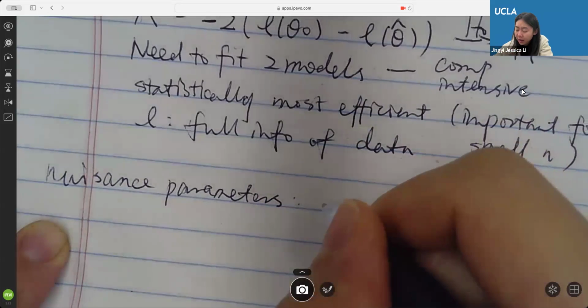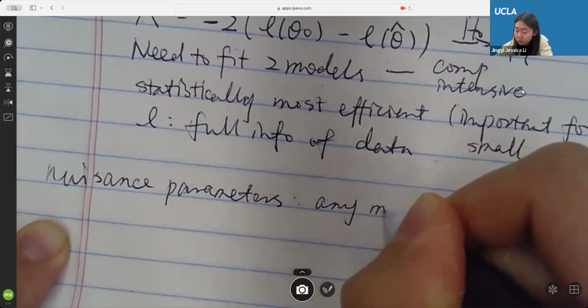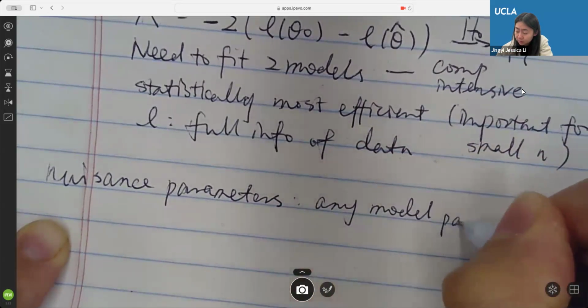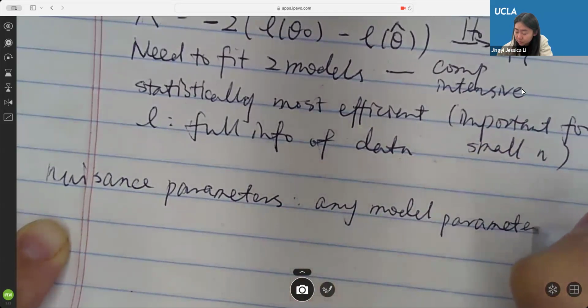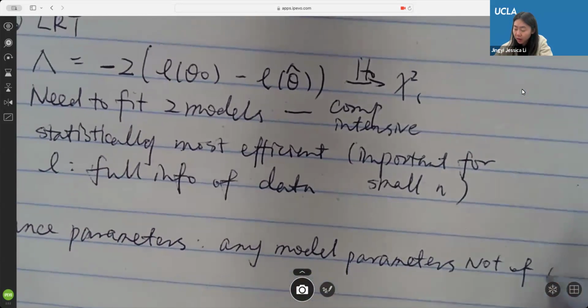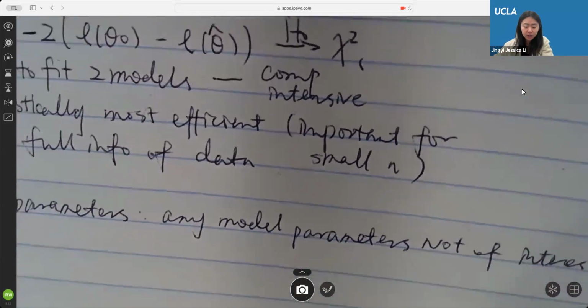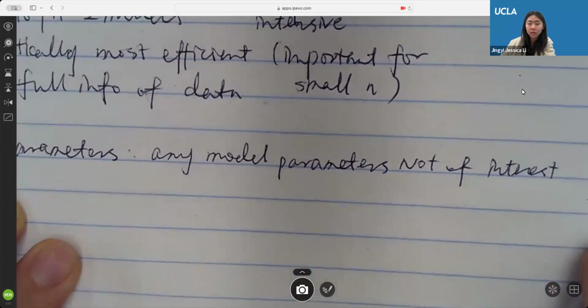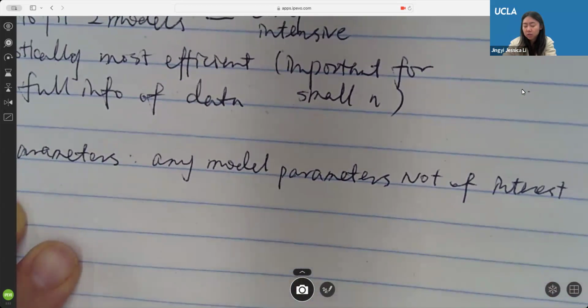It can refer to any model parameters not of interest. So how can this be? For example, in the linear regression, linear model case, the error variance sigma square is not of interest. We're not interested in that parameter. We're only interested in the coefficient, but we must estimate that error variance.